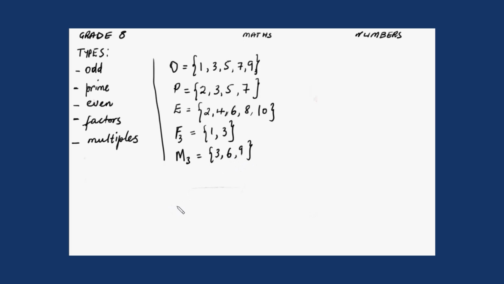So that's basically the types of numbers. Now we are looking at these types of numbers in terms of sets. We have a set of odd numbers, a set of prime numbers, a set of even numbers, a set of factors of 3, and a set of multiples of 3.